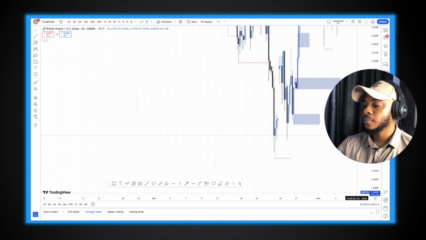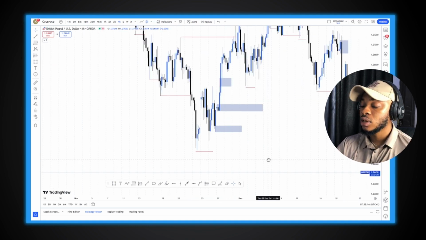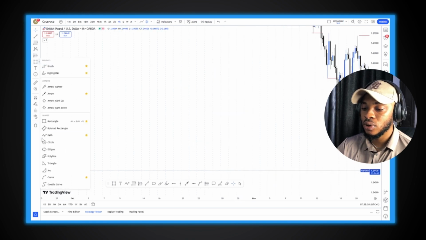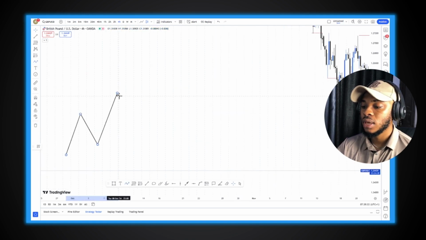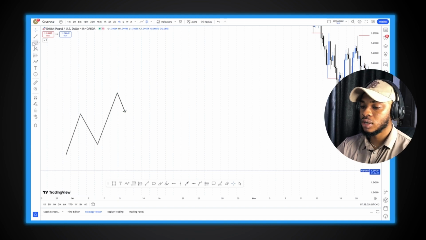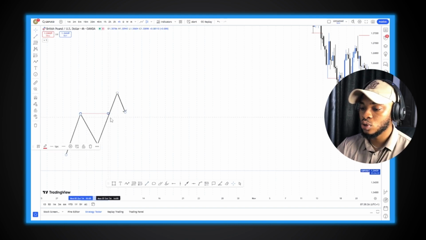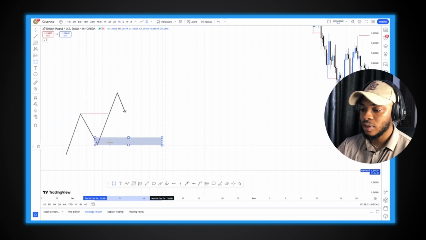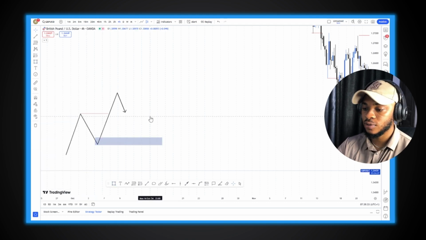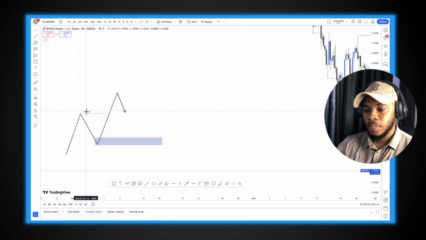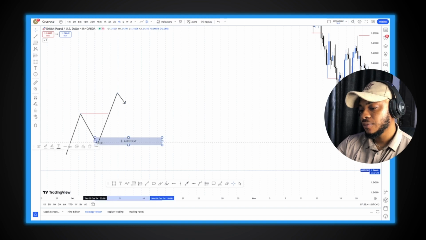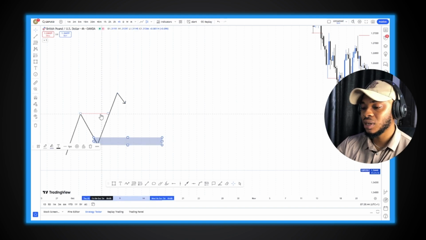And I know some of you will ask, do you need a BOS to confirm that? Just like an order block, you need a BOS to confirm that it's a valid one. A break of structure is always what we use to confirm if an order block is valid to trade. If it doesn't have a break of structure, we don't consider it, for those of you that don't know. But for a rejection block, we don't need this.